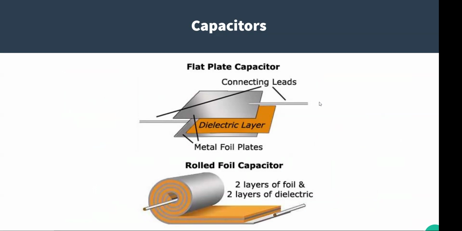One thing I'll point out here on the flat plate, one of the first capacitors was done by Benjamin Franklin, called the Franklin Square. He took a square sheet of glass and put a metal plate on each side of it and made a capacitor out of it.